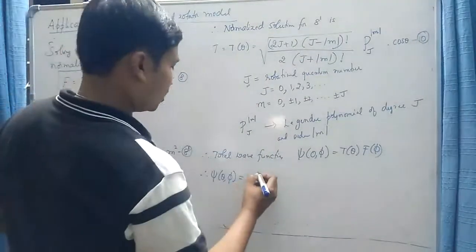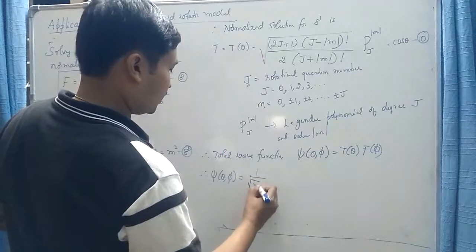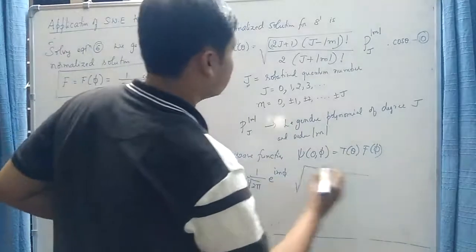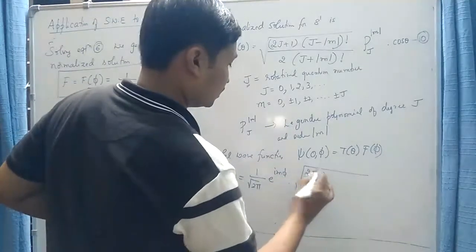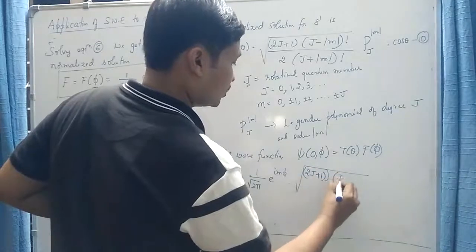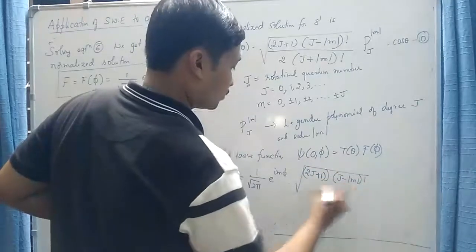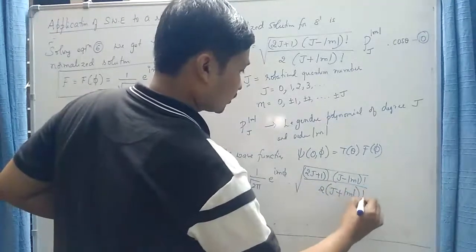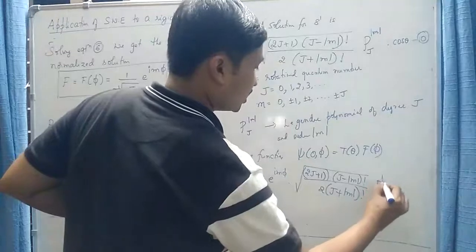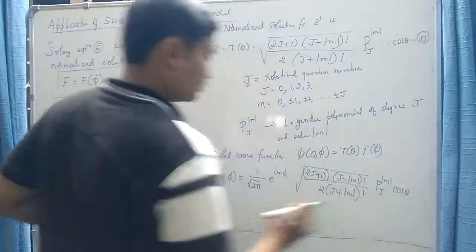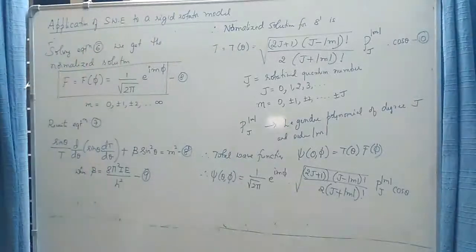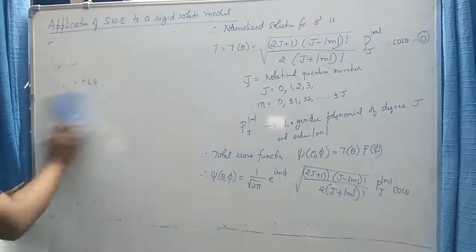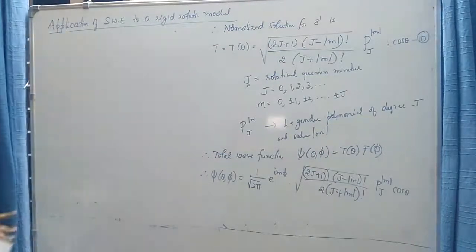It is 1 by square root of 2 pi into e to the power i m phi into square root of 2j plus 1 into j minus mod m factorial divided by 2 into j plus mod m factorial into polynomial P j into cos theta. If I combine these two square root terms, we get the final expression for the wave function of the rigid rotator model.